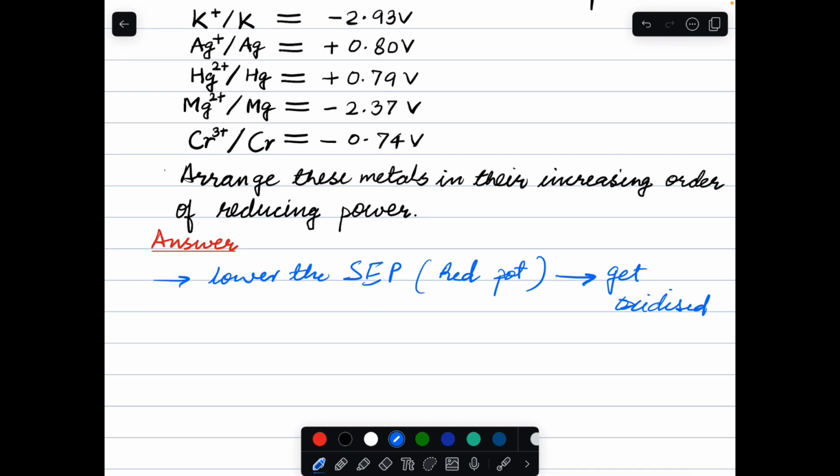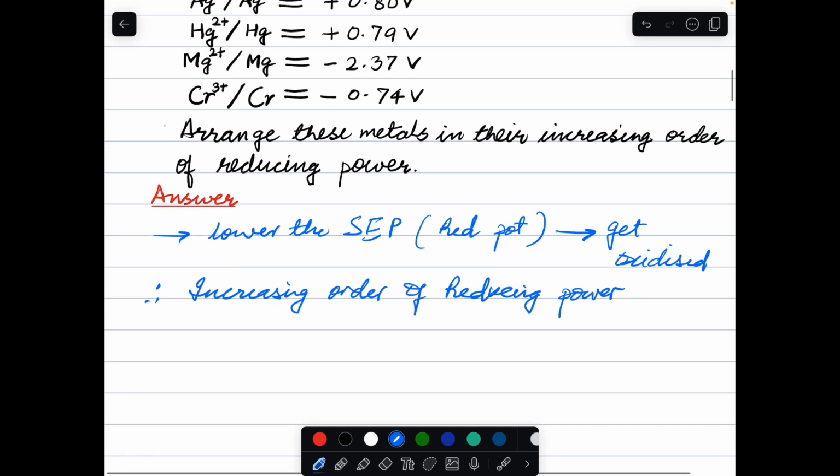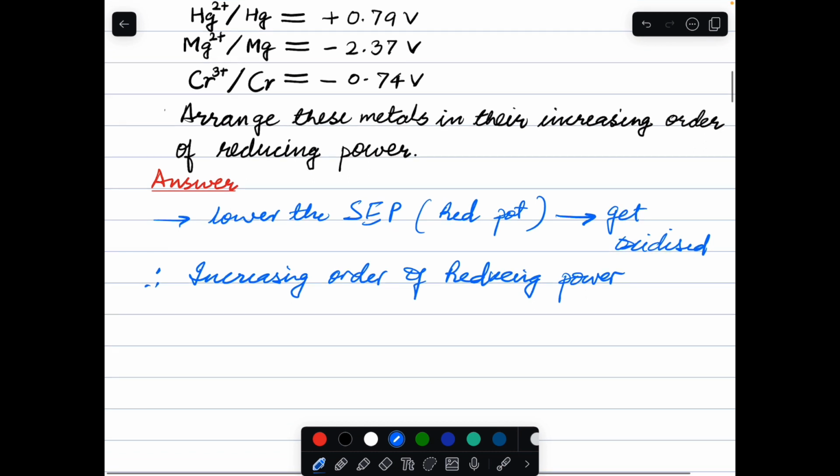So therefore the increasing order of reducing power is: we will start with the metal which has the lowest reducing power. That metal is silver.